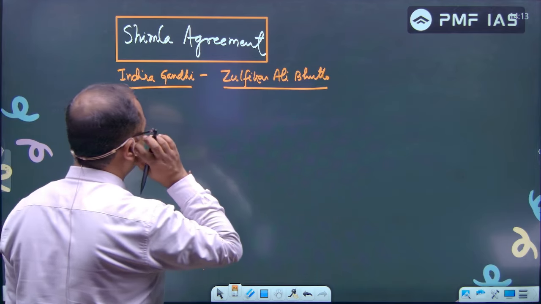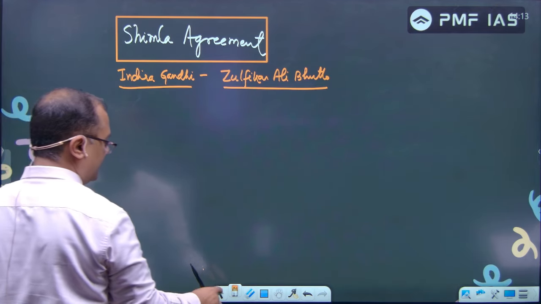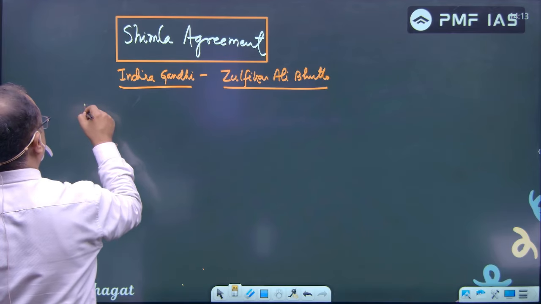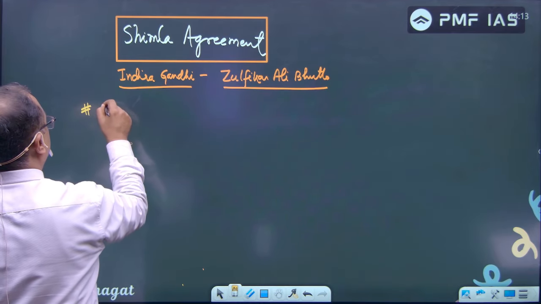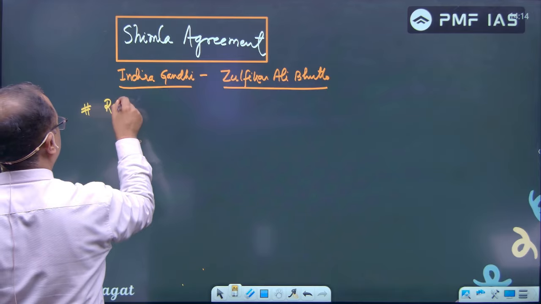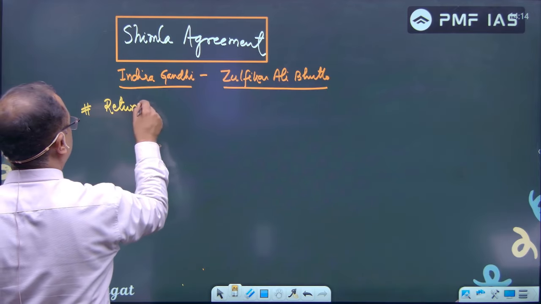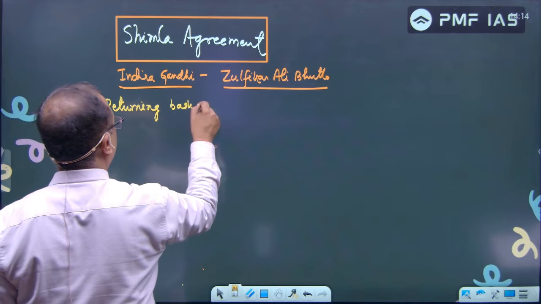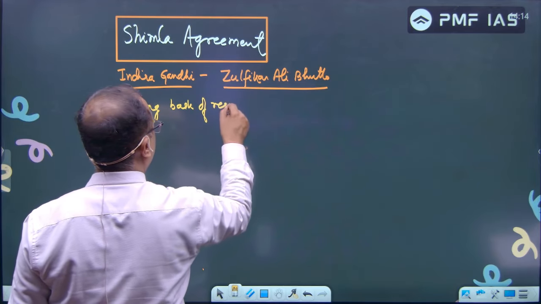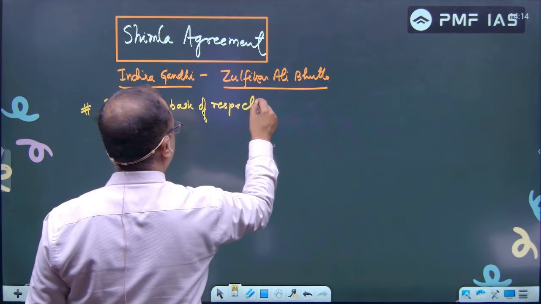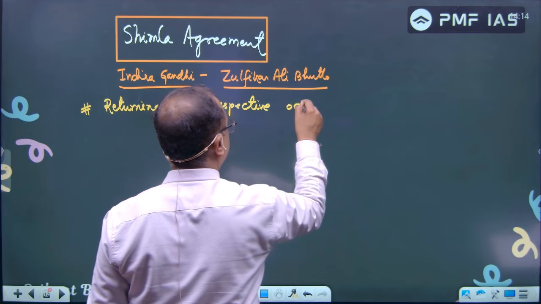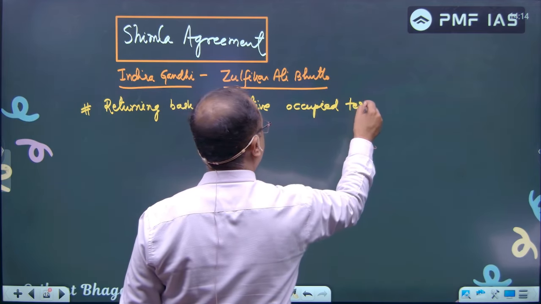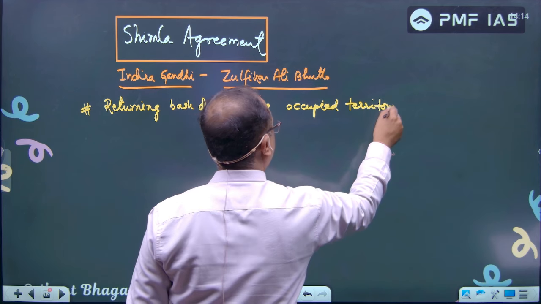So in this agreement, the major element was the returning back of respective occupied territory.